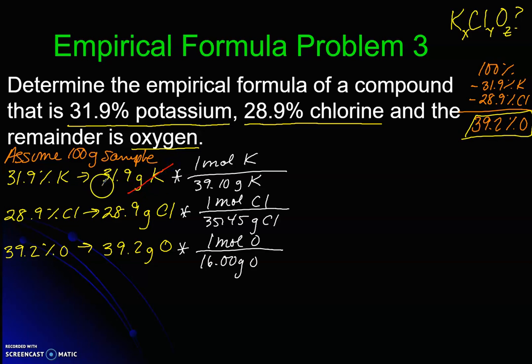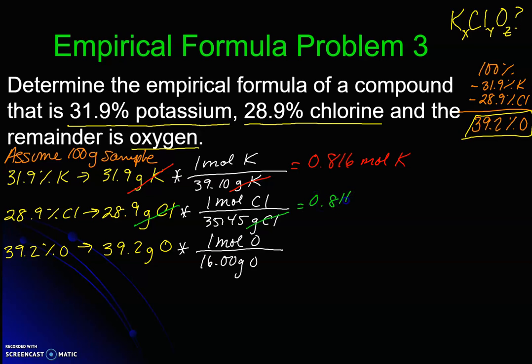Let's do 31.9 grams divided by 39.10 grams, and we are going to get 0.816 moles of potassium. Let's try to keep these 3 sig figs that are given here, okay? Next, we're going to do our chlorine, 28.9 grams chlorine divided by 35.45.